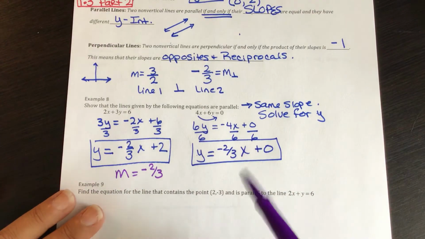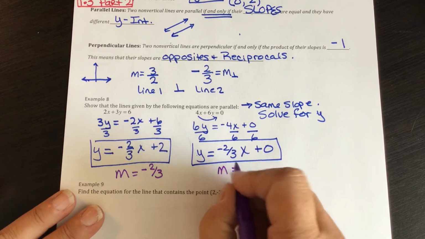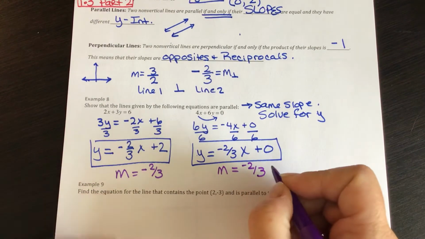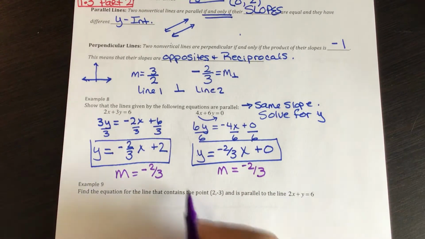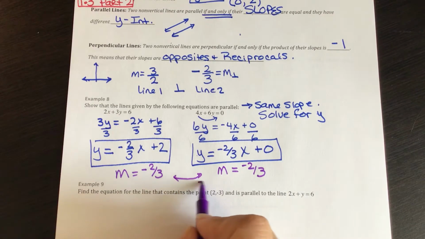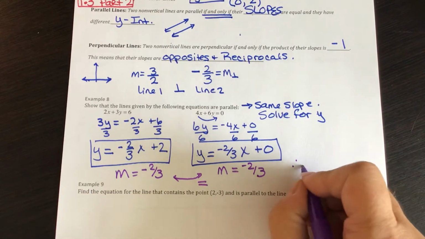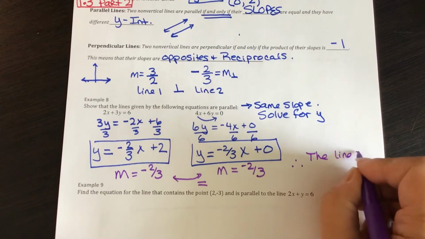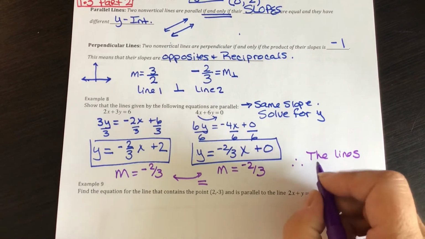And in this equation, this slope is -2/3. So because these slopes are equal, they are parallel. Yes, they are parallel.